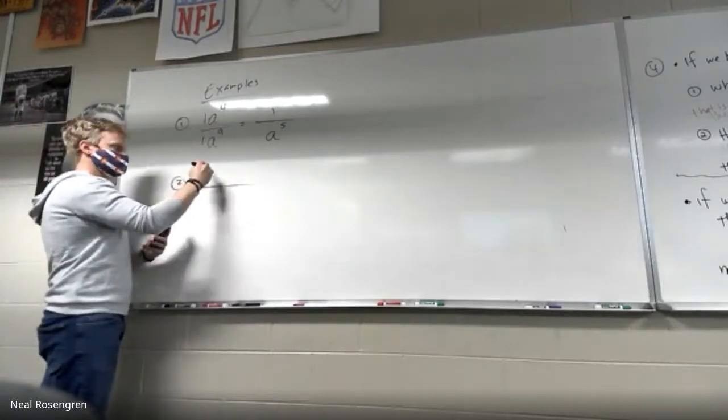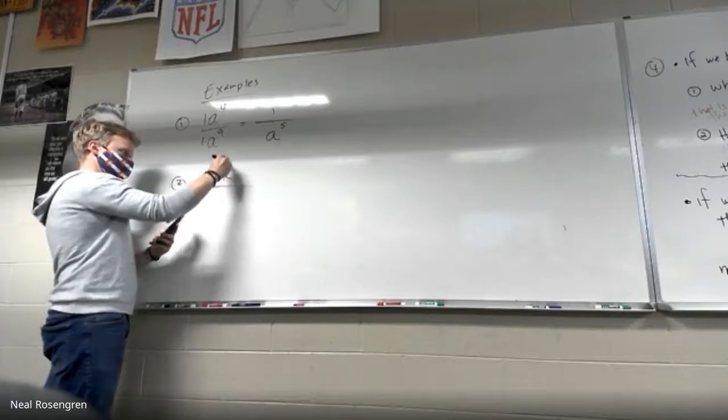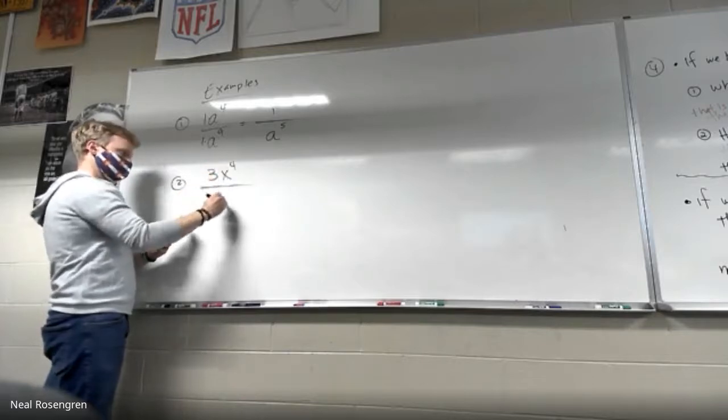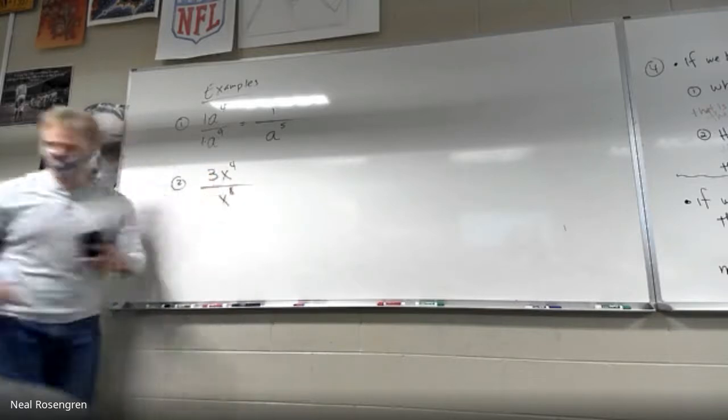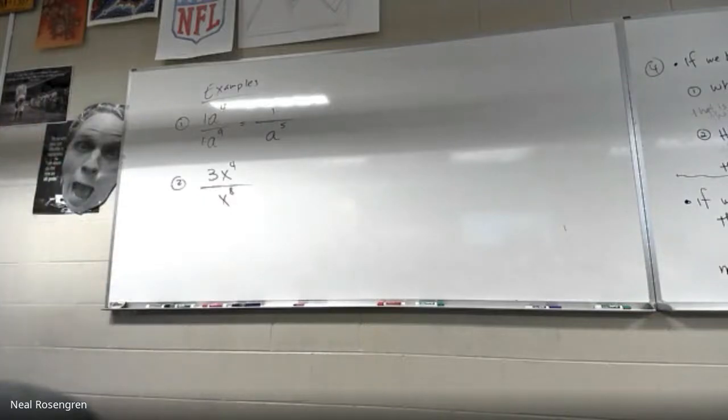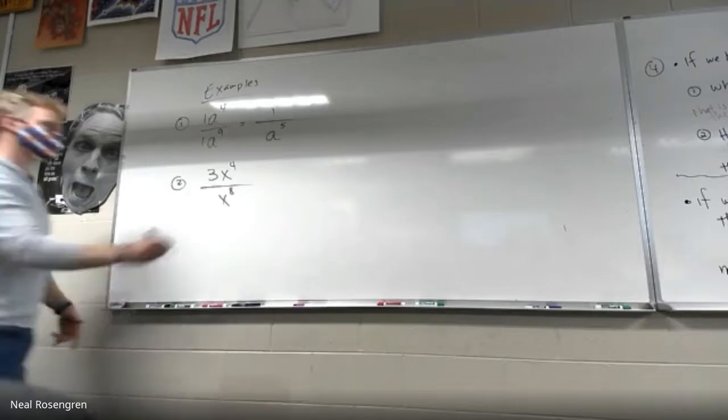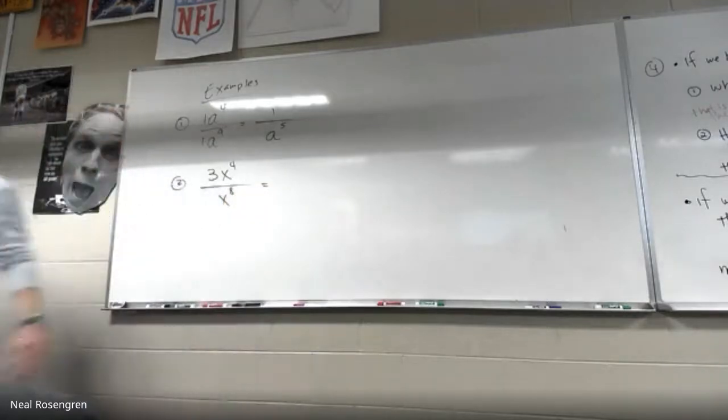All right, so speaking of numbers out in front, let's do one. 3x to the 4th over x to the 8th. Now, we're not solving anything. There's no equal sign. We're not going to get x equals 5 at the end. We're just simplifying. We want to make things as simple as we possibly can. And a good way to deal with these: where do you have more?